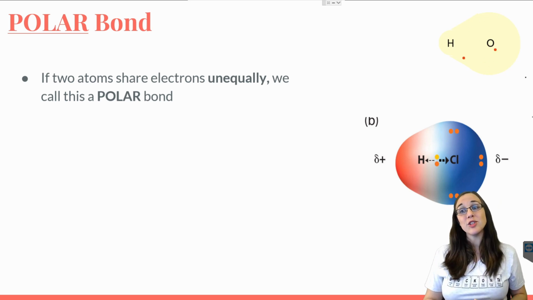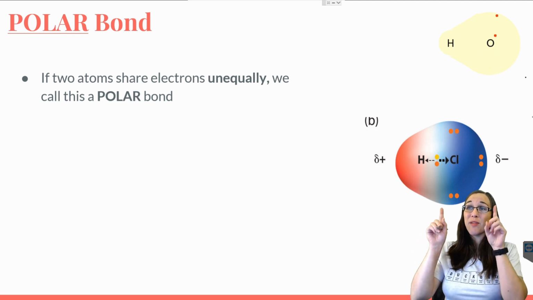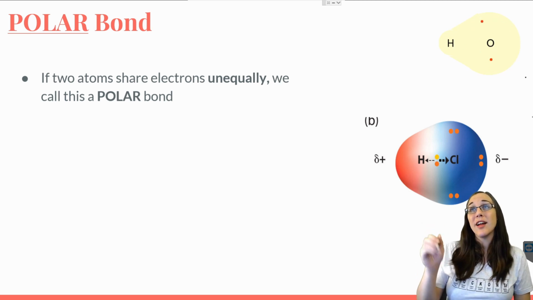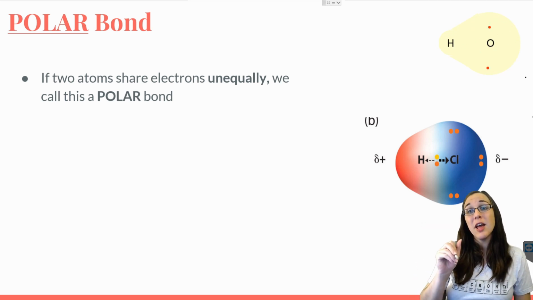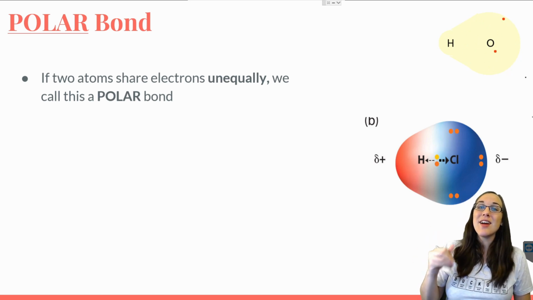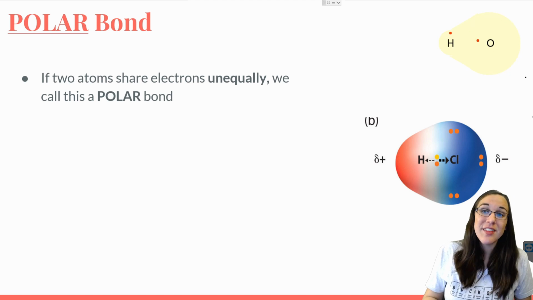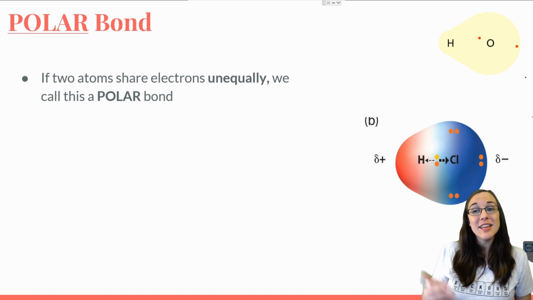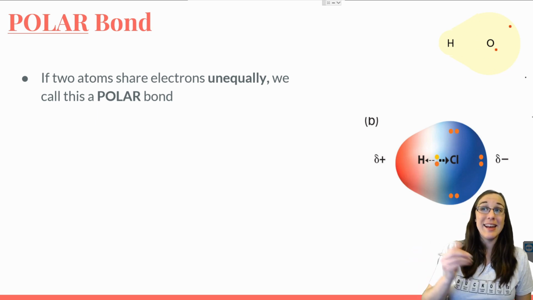There's an unequal sharing. So if you see the GIF above my head, you can see that the electrons will travel around hydrogen, but they spend way more time buzzing around oxygen. They are more attracted to oxygen than they are to hydrogen. This would be an example of a polar bond between an O atom and an H atom.